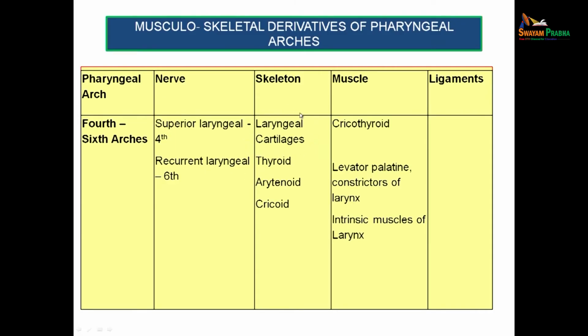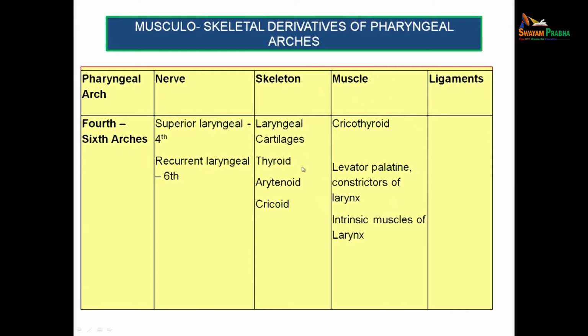From the fourth arch you have the laryngeal cartilages. Actually the thyroid, cricoid and arytenoid, all these laryngeal cartilages are derived from the fourth and sixth arches. Now about the muscles of the fourth and sixth arches together, you have the cricothyroid, you have the levator palatini, you have the constrictors of the pharynx and you have the intrinsic muscles of larynx.